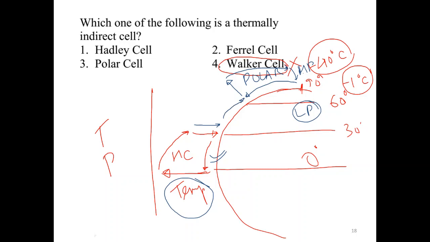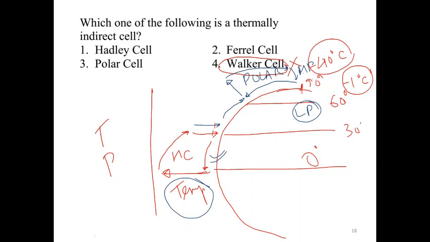At the same time, the air which is coming from the pole to 60° latitude, listen to it very carefully, is cooler. The air is cold. As a result, this air and the air coming from 30°, two air masses, are colliding.